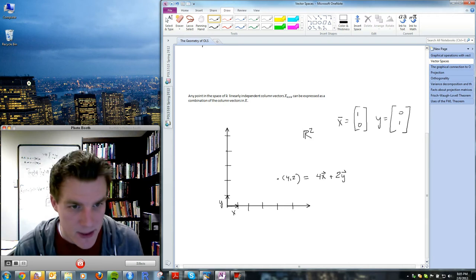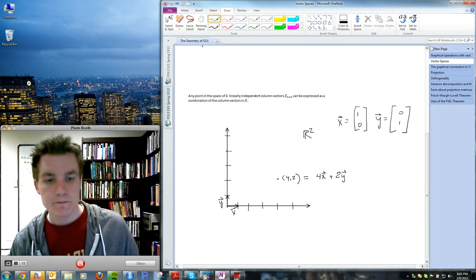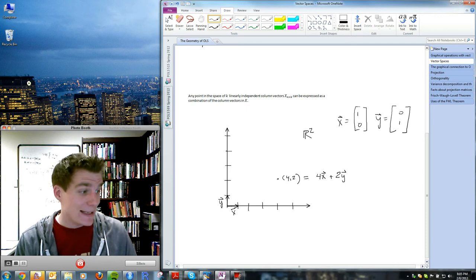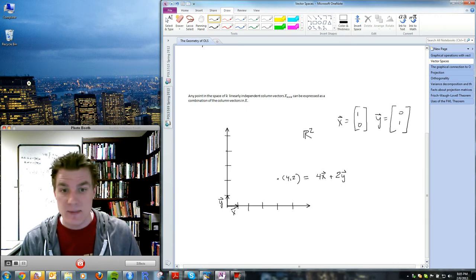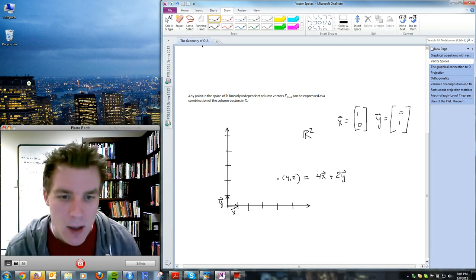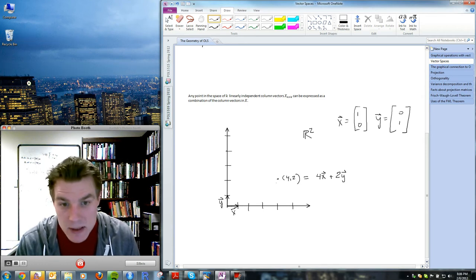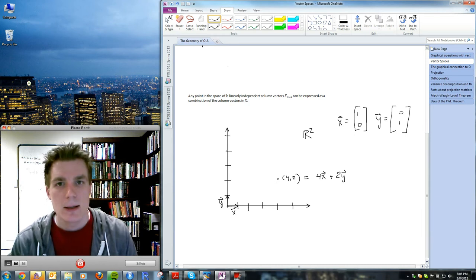And here I'm just going to put these hats on these vectors so that you don't get confused with variables later. There we go. So I can do that for any point in this space that I want to, going out to infinity or negative infinity in any direction. So all I have to do is take 4 x vectors to get out to the 4 and 2 to get to the 2 on the y, and that's it.